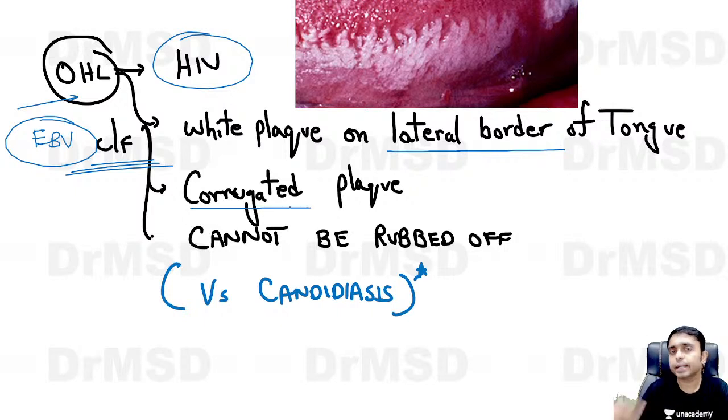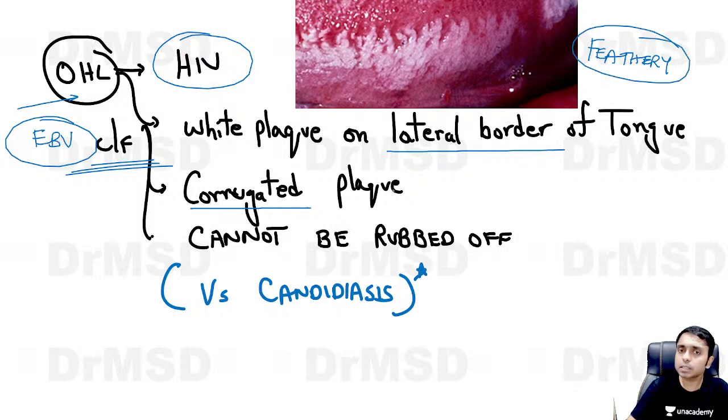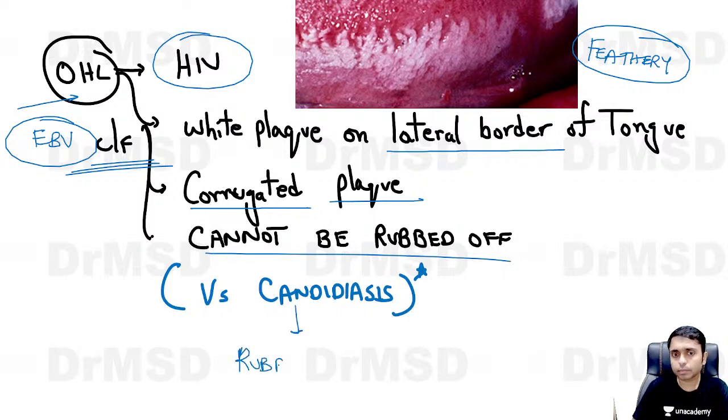The word corrugated can be there, or they can also mention feathery margins. So feathery margins will be there for this whitish plaque, and if you try to take a glass slide and remove this white plaque, then it cannot be easily rubbed off, whereas in the case of candidiasis, it can be very easily rubbed off. So that is the difference between these two conditions.